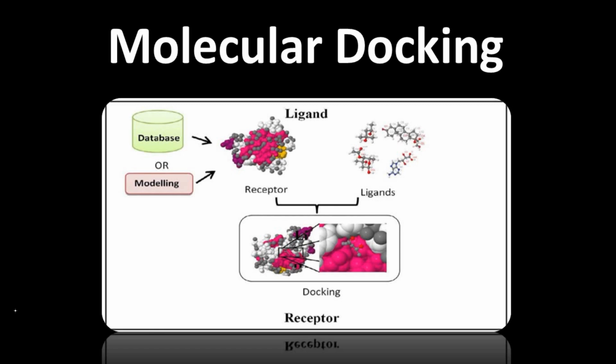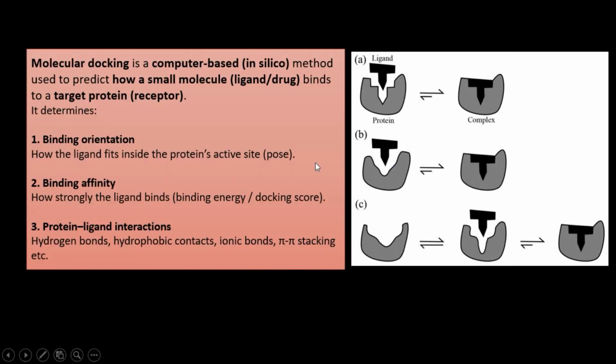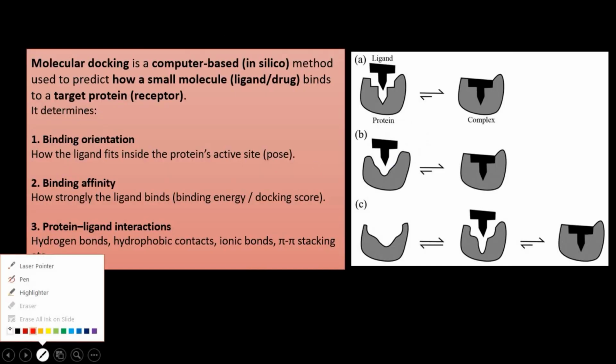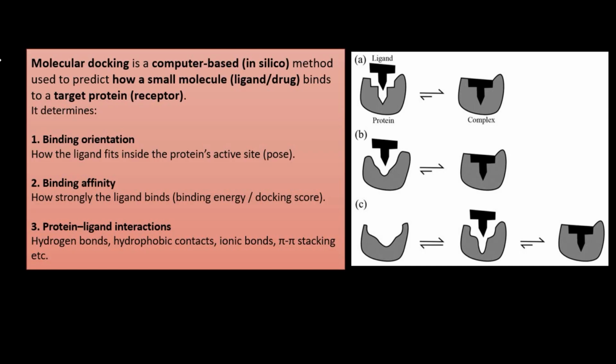Okay, so we start today's session and understand what molecular docking is. Molecular docking is a computational method that is used to predict how the ligand binds to the receptor.